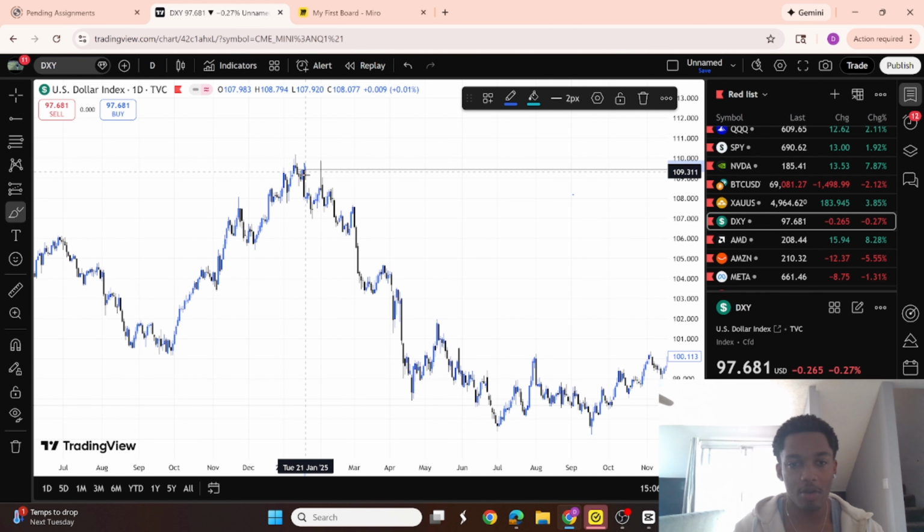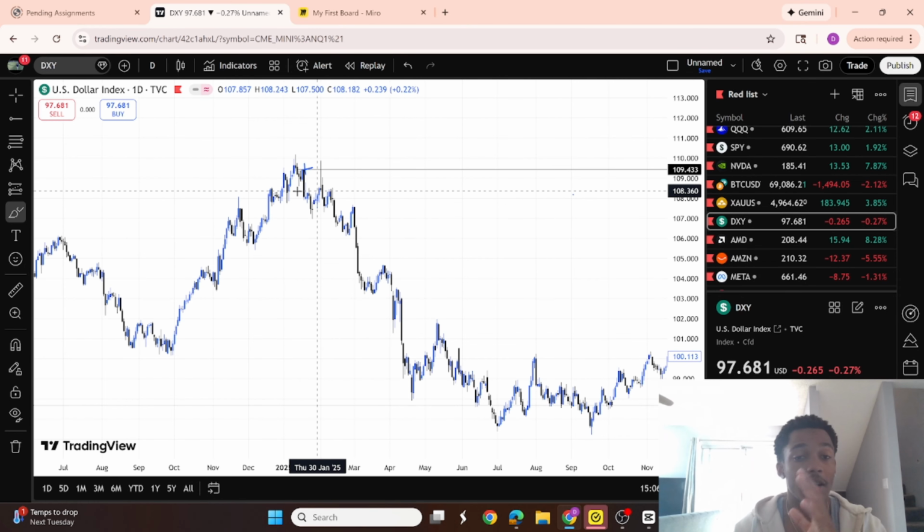There are people going long right here, and people also taking profit. So there are a lot of orders right here for the banks, the hedge funds, all the Wall Street people to bring the market in another direction. A lot of people don't know this, so we're going to use what people don't know to our advantage and trade like the banks do.